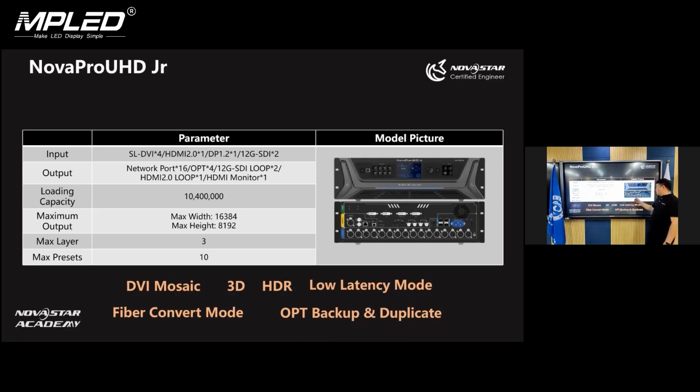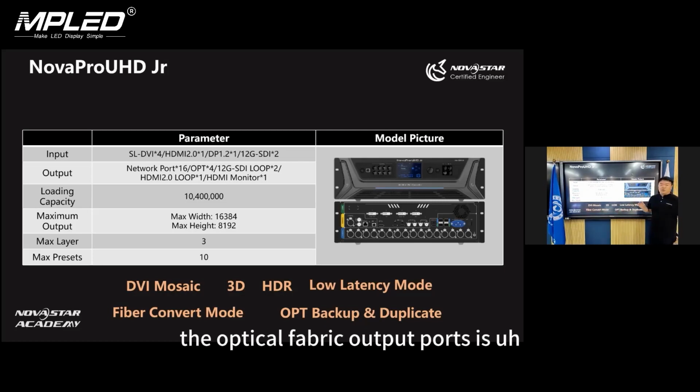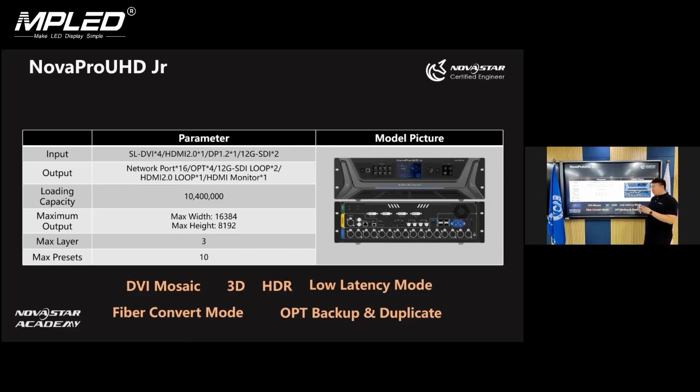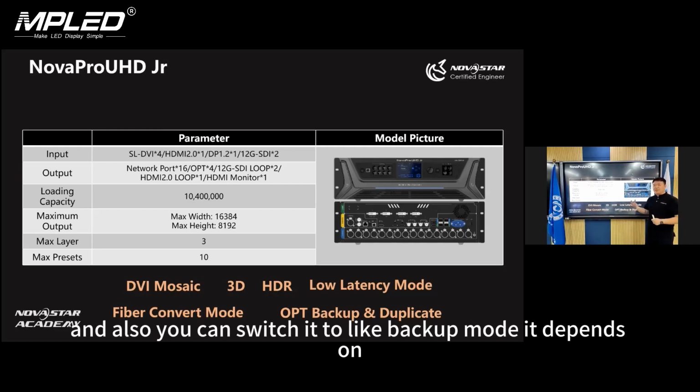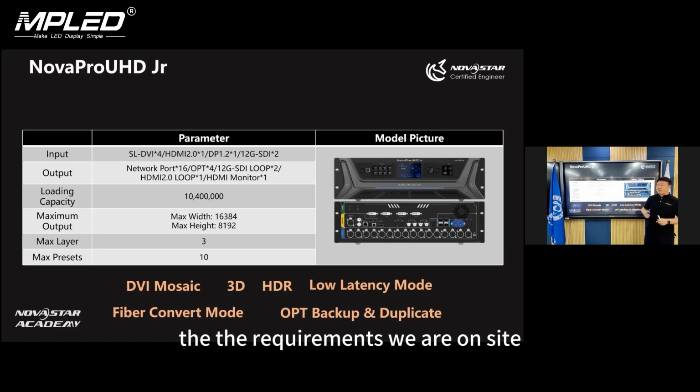For the Nova Pro UH Junior, the optical fiber output ports are just for output. But for the output, we have two modes. There are two pairs of output ports. It can be duplicate, and you can also switch it to backup mode. It depends on the requirements on site.